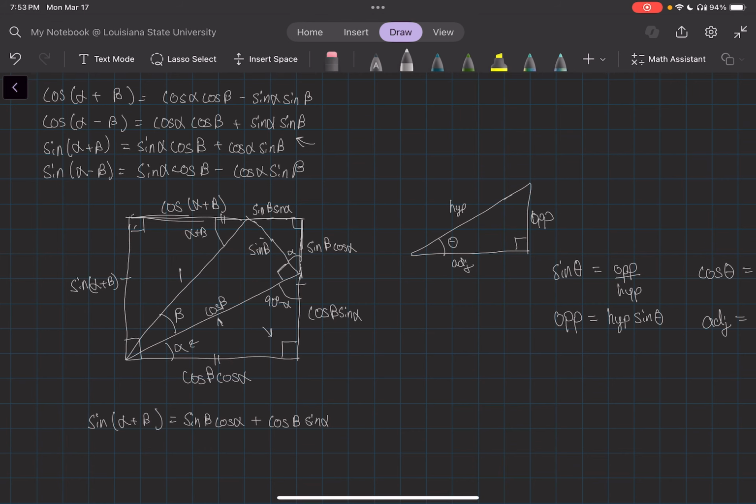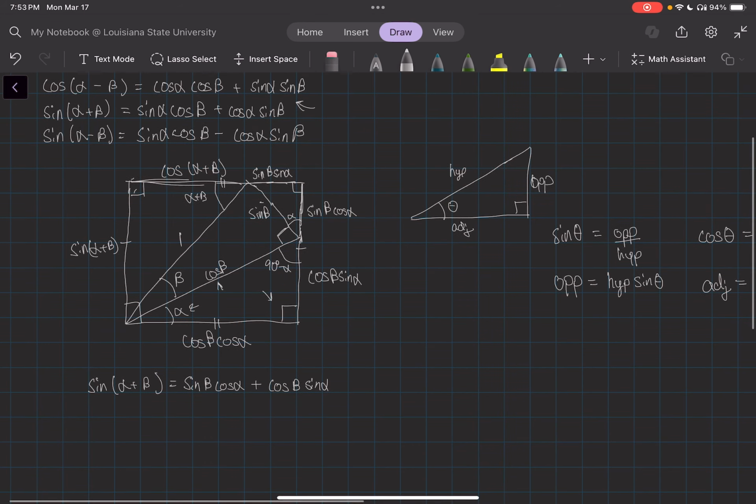It's just not in the same order, but multiplication being commutative, we can change the order. And similar with addition, we can change the order to, say, sine of alpha times cosine of beta plus cosine of alpha times sine of beta to arrive at the same result.